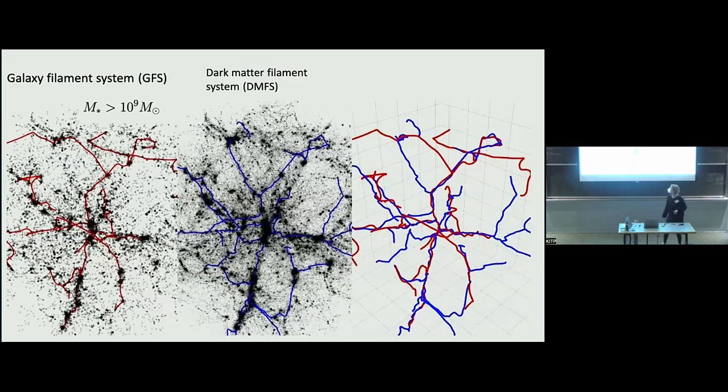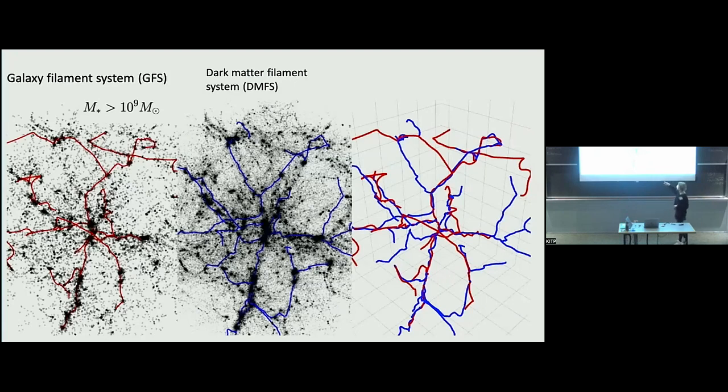And here is an example for one cube. On the first panel, you can see the distribution of galaxies more massive than 10^9 solar masses, and the filament system which is extracted using only these galaxies. In the center panel, the distribution of dark matter for these galaxies, and the corresponding filament system in blue.